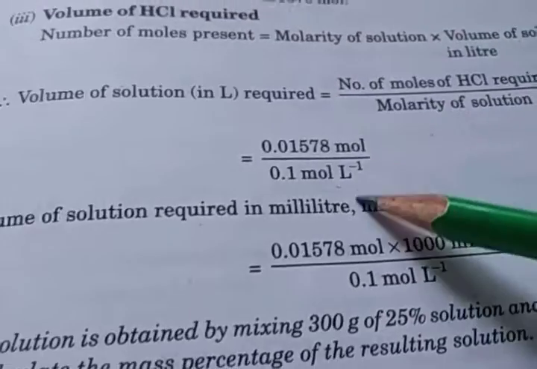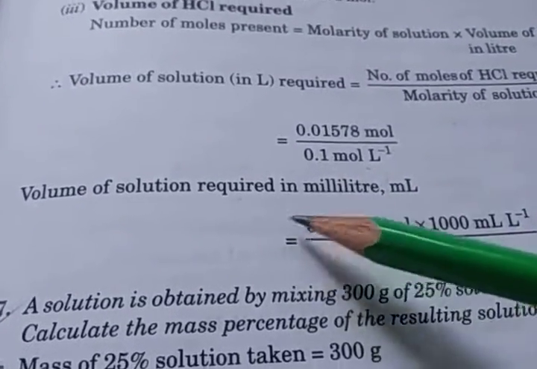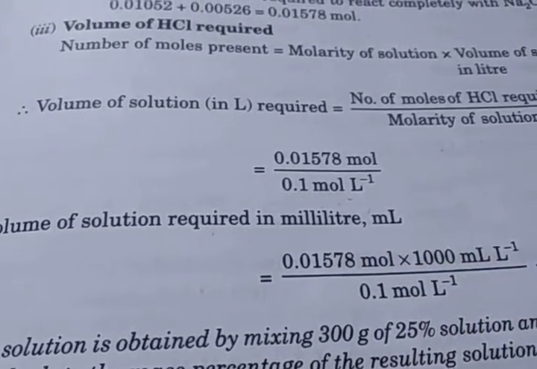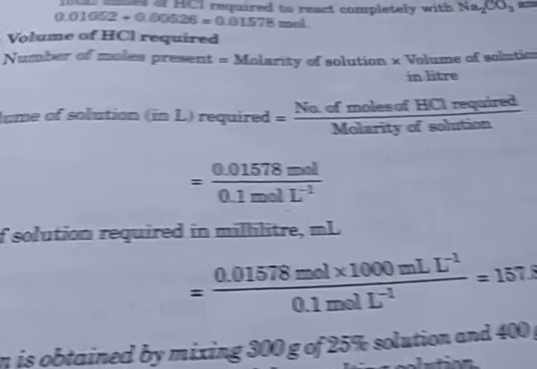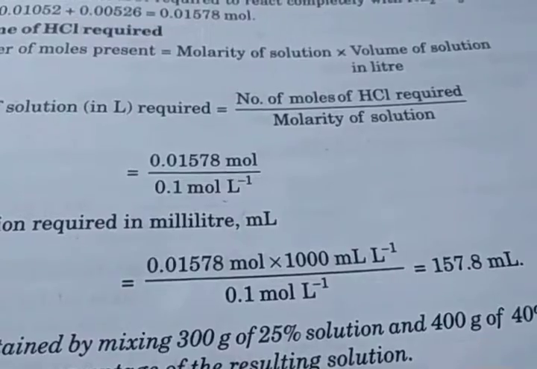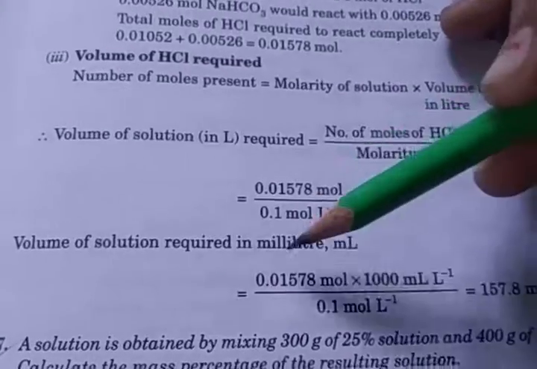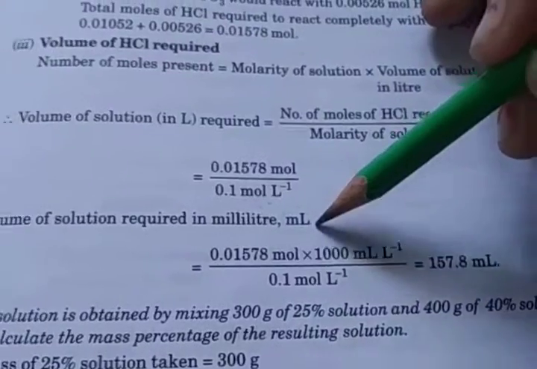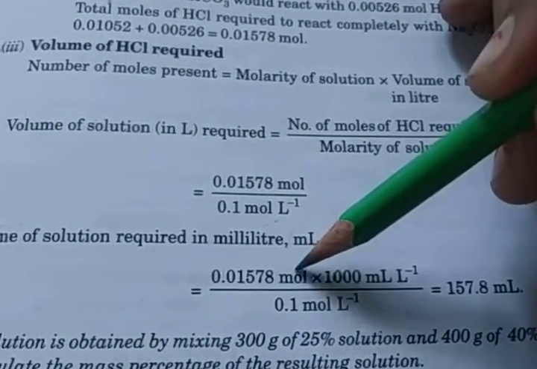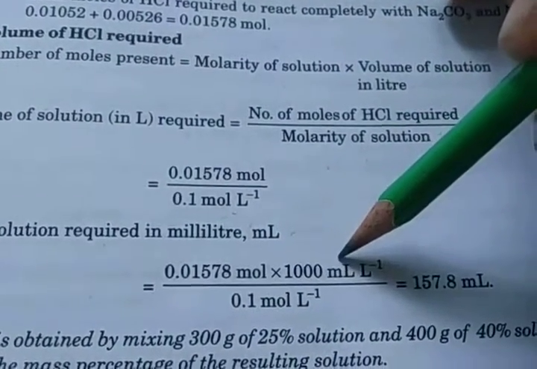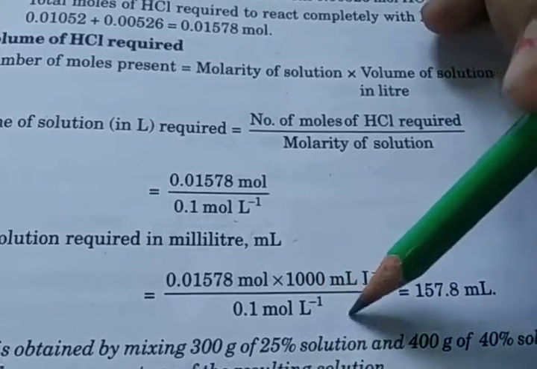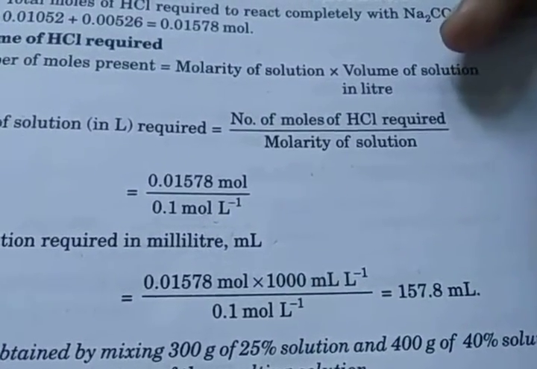To get the volume in ml, multiply by 1000. So 0.01578 mole into 1000 divided by 0.1 is equal to 157.8 ml.